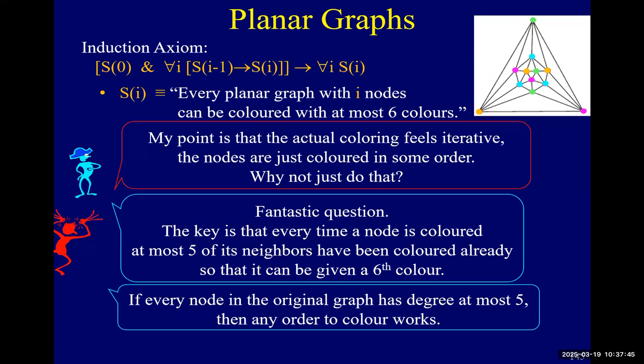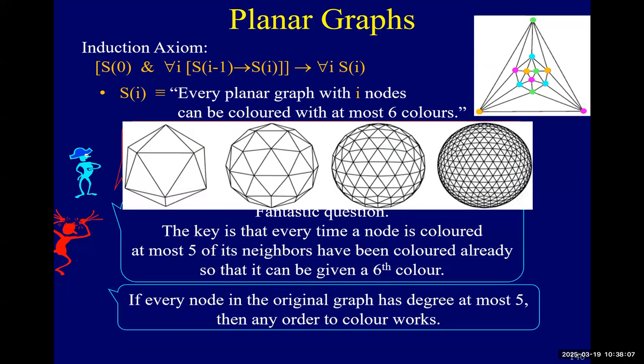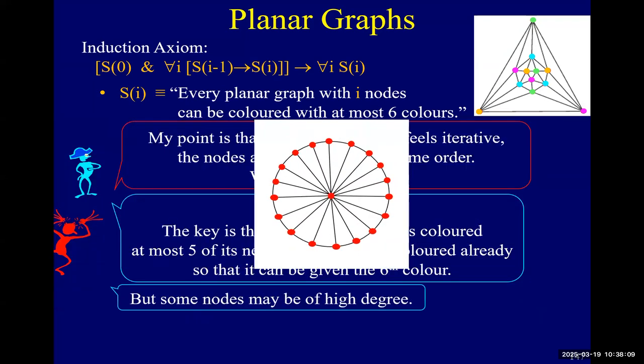No, I can't color it, right? Here's some high degree graph that I don't know how to color. It has no coloring. I add one node here of low degree. It's not suddenly colorable, right? So here's some graphs, right?